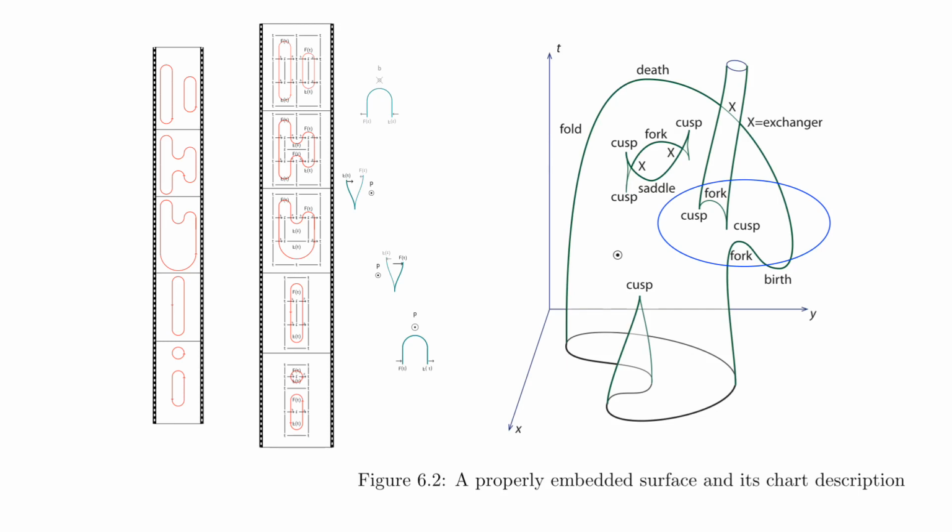So to go from the bottom still to the next still, there's a fork, then there's a cusp, and then there's a second cusp, and then the maximum of one of the cusps is canceled with the minimum of the other by means of a fork. And then we simply express everything in terms of f's on the right-hand side of that movie.